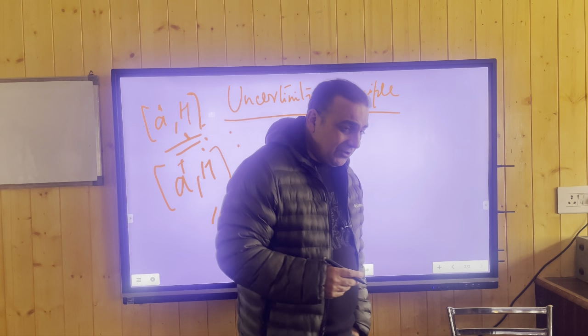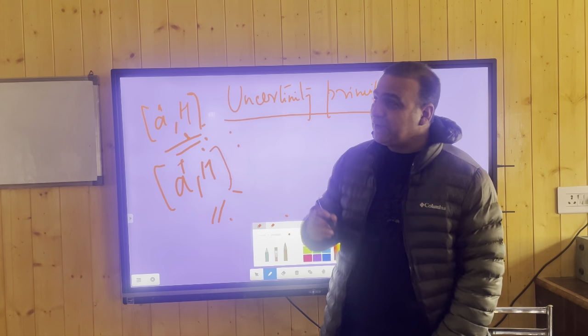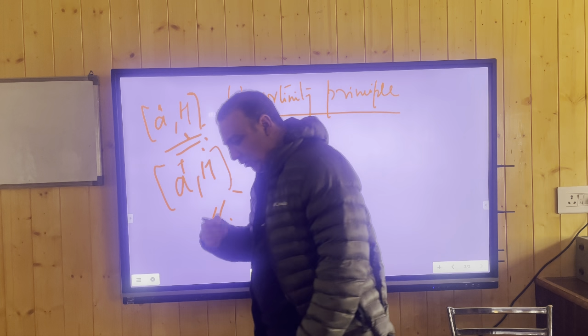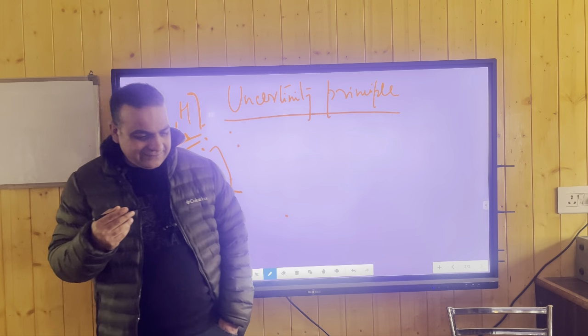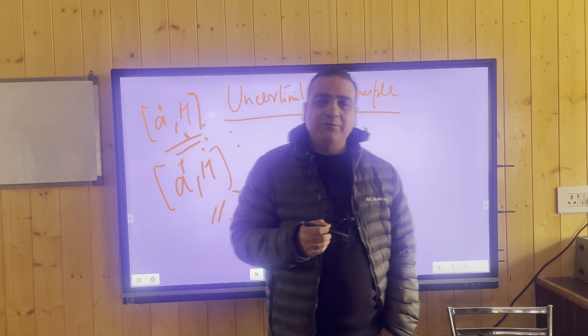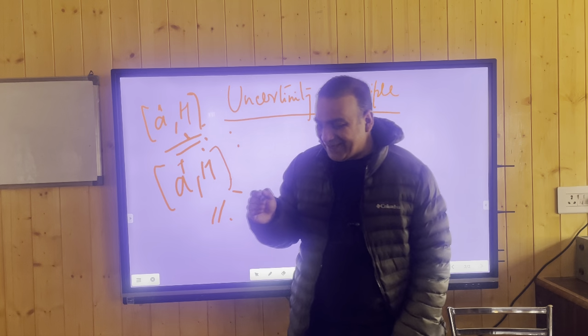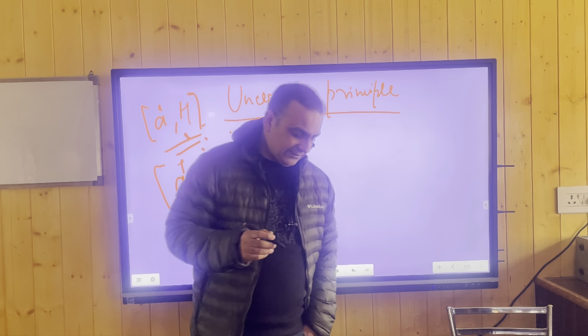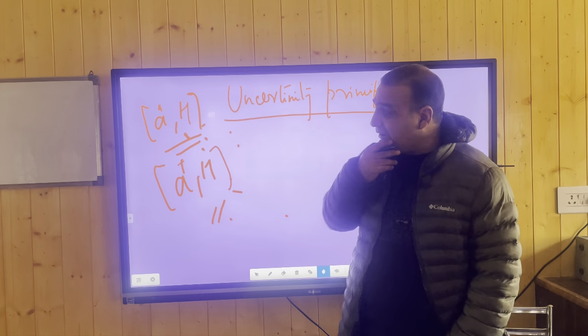So that should be the target, to calculate the uncertainty principle, as all of us know that the product of uncertainty between the position and the momentum of the particle is always greater than that of the Planck's constant.